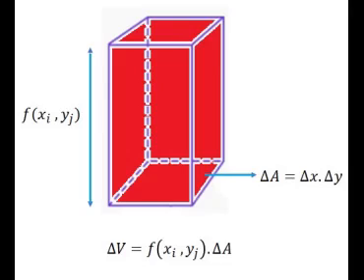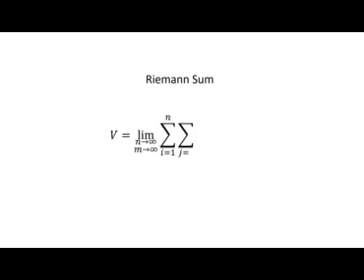Hence, the volume of each of these boxes is f of xi, yj into delta A. Thus, the volume under the surface S over the region R is approximated as the Riemann sum of elemental volumes, that is, V is approximately limit n, m tending to infinity of summation i varying from 1 to n and summation j varying from 1 to m of f of xi, yj into delta A. This looks similar to the definition of integral of a function of single variable.